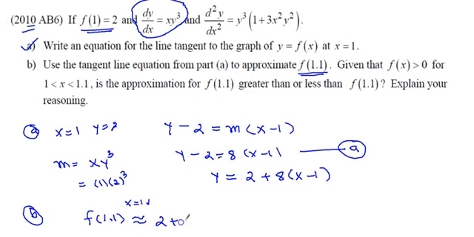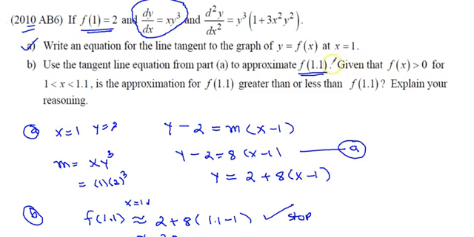So 2 plus 8 times 1.1 minus 1. You get full credit if you stop here. You don't have to simplify. But we can't resist. 1.1 minus 1, that's 0.1, times 8 is 0.8. So the answer will come out 2.8.